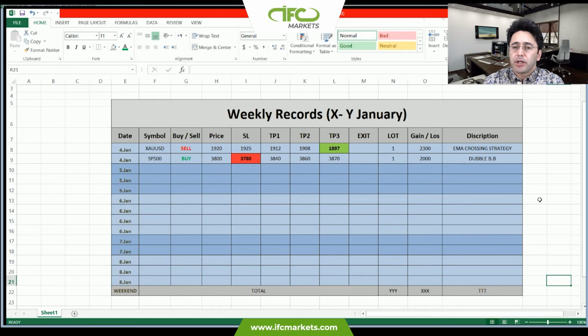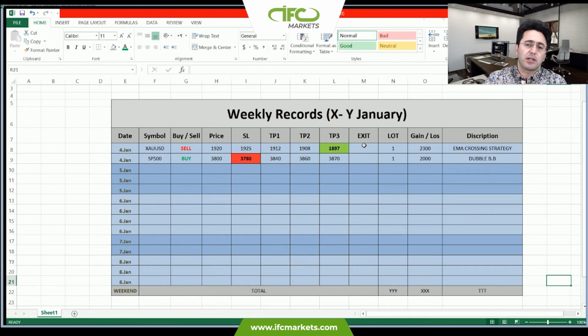So here we are in the last step of creating our own strategy. In this stage, we have to write down whatever we did, everything with the details. Create something like this in Excel. It's very easy. Write down the date, the symbols that you're trading, buying or selling, the price that you entered the market, stop loss, your first, second and third take profit, exit price.